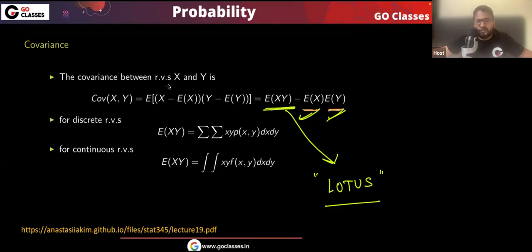Now let's first verify how to go from here to here. This is how we have defined the covariance, but what is this quantity? Let's see. It is actually easy, very easy to go from here to here.